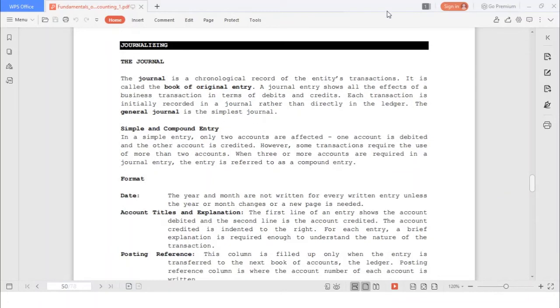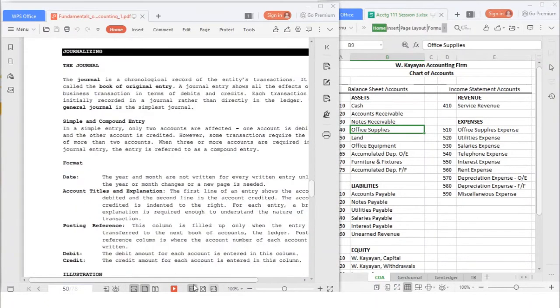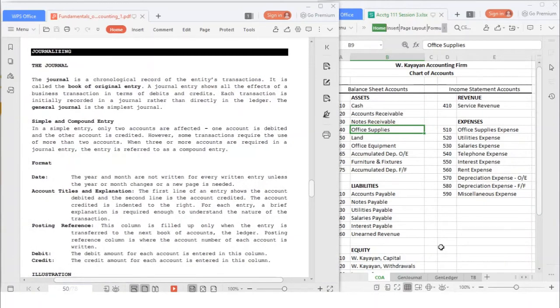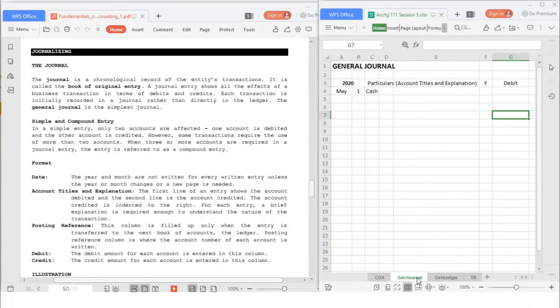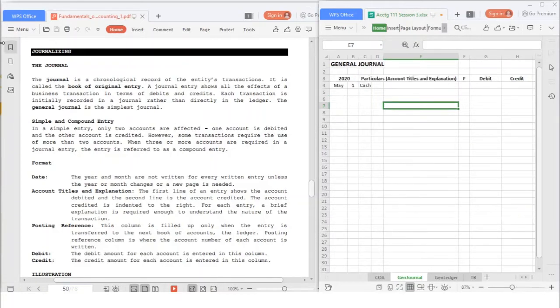Now, in creating a journal, remember, there are two types of entries, either simple or compound entry.